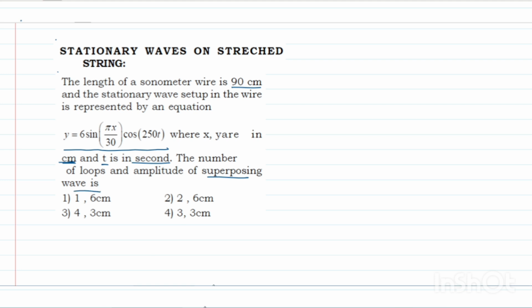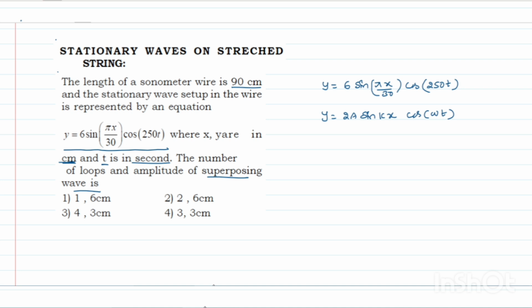So here the stationary wave equation is given, students. y equals 6 into sin pi x by 30 into cos 250 t. Now the general equation of a stationary wave is 2a sin kx cos omega t.